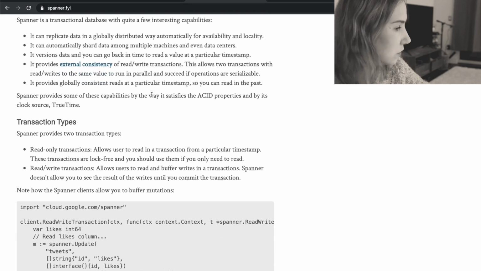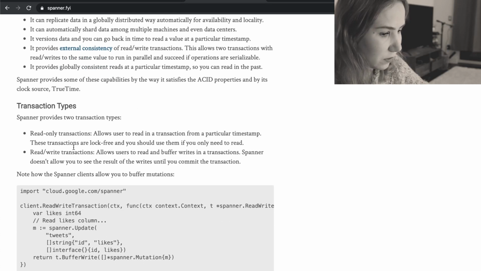As I said, there are two different transaction types: read-only transactions and read-write transactions. Read-only transactions are basically reading from a particular timestamp. By the way, Spanner is a versioned database, so it contains all the versions of everything up to an hour, on the Google Cloud Spanner product at least.